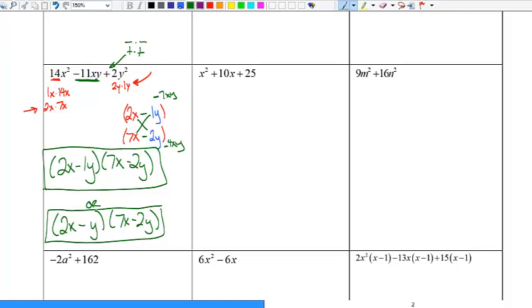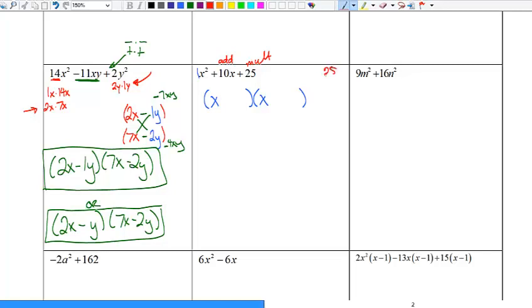All right, next problem. Step 1, is there a GCF? Nope, there's no GCF amongst any of these. Step 2, how many terms? 1, 2, 3 terms. Is a equal to 1? Yes, a is equal to 1, which means this is an easy trinomial. So because it's an easy trinomial, I have the x and x. I'm looking for 2 numbers that multiply to 25, yet at the same time add to 10.